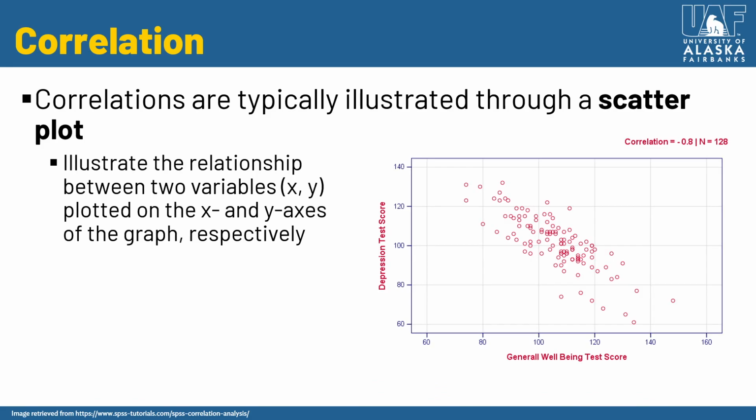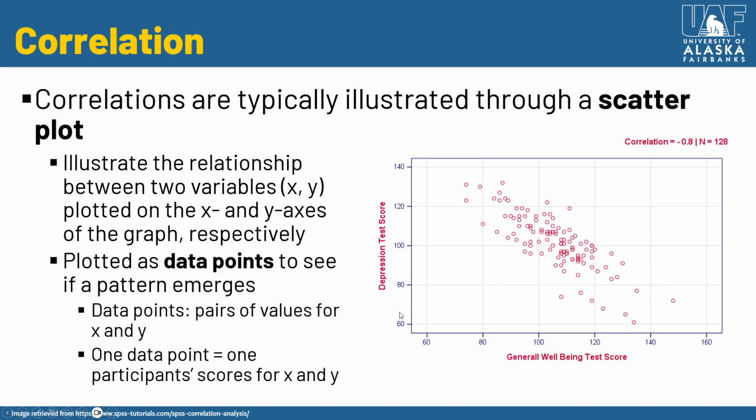You can see one right here. Any scatter plot is illustrating the relationship between two variables, the x and the y. In this case, general well-being and depression. Each of these little dots or circles represents one participant's score for x and for y.